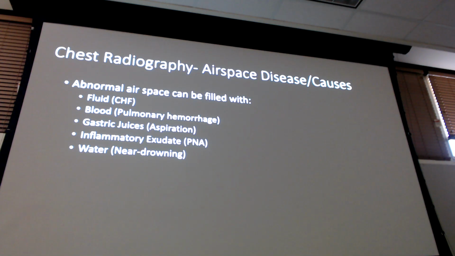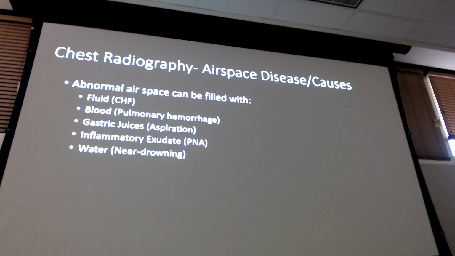Congestive heart failure, we already know that. All right, covered that one. Blood, any type of pulmonary hemorrhage from trauma. Gastric juices, aspiration. If somebody's vomiting a lot, they aspirate their vomit or gastric juices, that can cause inflammation in the lungs. That can cause more fluid to show up. That gastric juice is super irritating and can cause alveolar space disease.